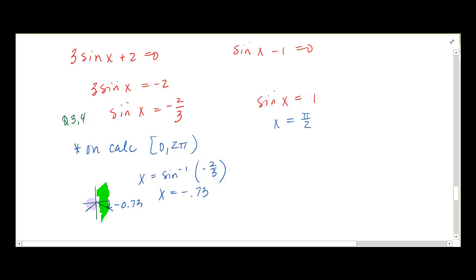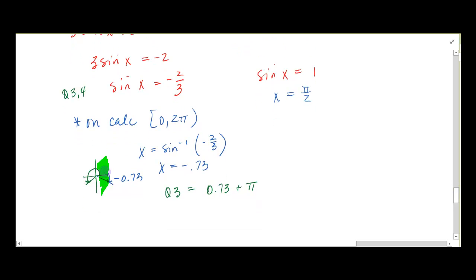And I can find that positive angle in quadrant 3 by taking this 0.73 angle measurement and adding it to pi, because halfway around is pi, plus that little 0.73 gives me that whole angle that I want.